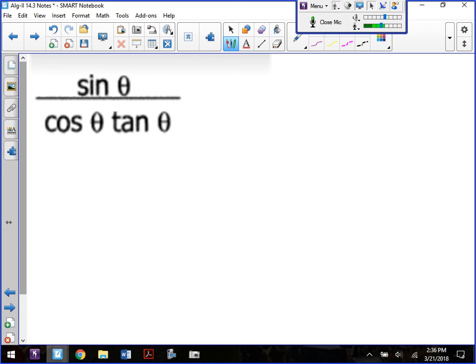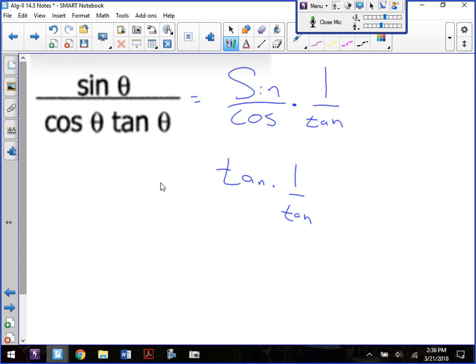When that happens, your trick is to split it into two fractions, because it's been said, what's sine over cosine? Tangent. What's tangent times 1 over tangent? 1. The right first step. There are very subtle little things you will see as you go through these.